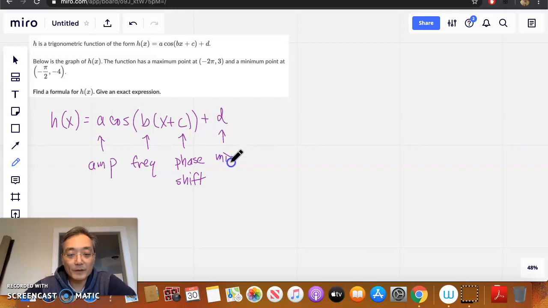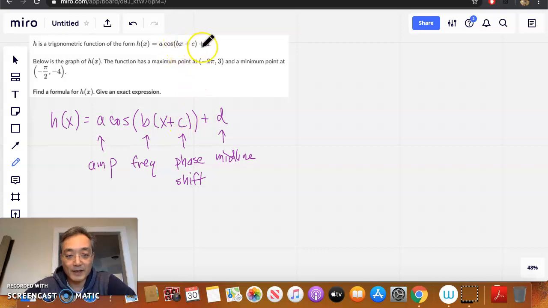Okay? The midline. So here it's very clear. Once I find my phase shift, I just plug it in here. If I were to plug it in there instead, that would change, because then I would have to multiply the phase shift by b to get this c value.